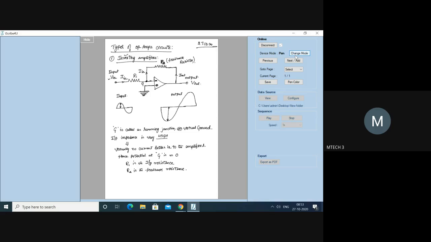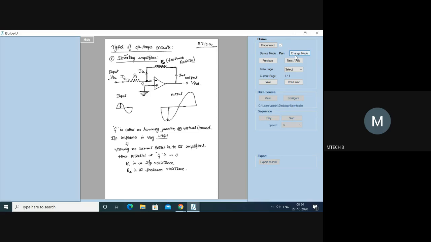From the output, a feedback path was taken, which passes through the resistor R2 and is summed up at this point. This summation point is called G. G is the summing junction.